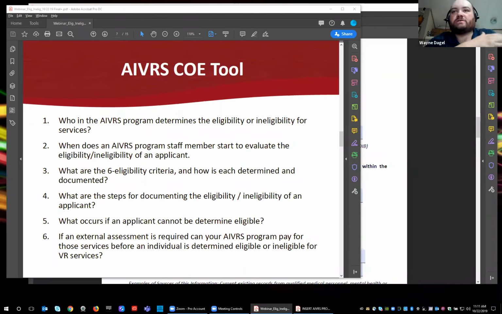It has to be all 6 criteria met to become eligible for the program. It gets really scary for people to determine that ineligibility, because it opens the door for CAP to get involved. It opens the door for people to be upset and angry.